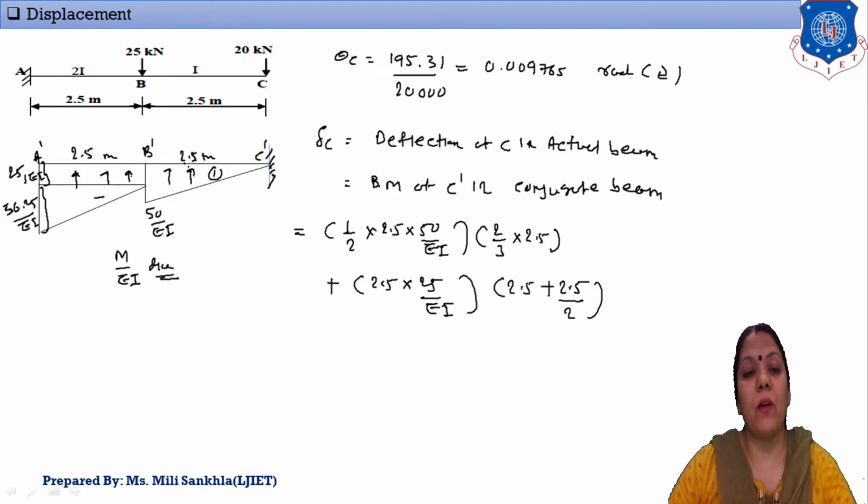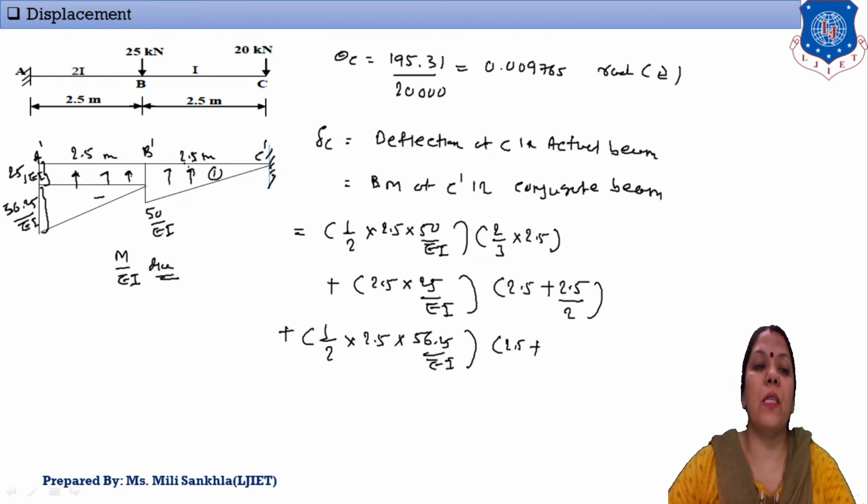Okay, now our third is a triangle, 1/2, distance is equal to 2.5 and height is equal to 56.25 divided by EI. Now again add this extra distance 2.5, and from this apex 2/3 into 2.5.